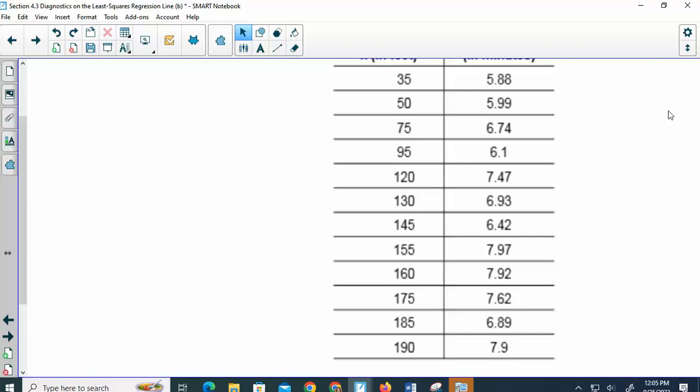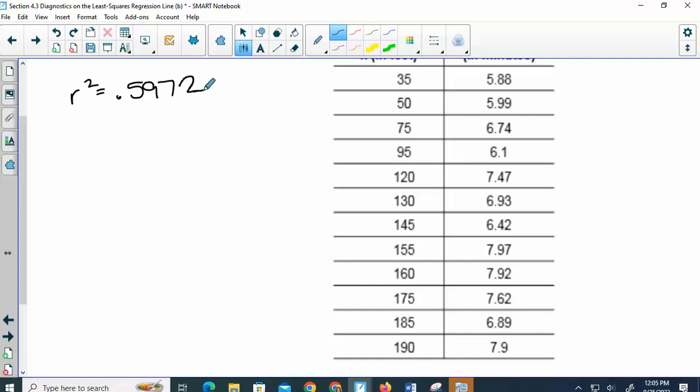Then go into stat, calculate your linear regression. We want the coefficient of determination, so we want R squared. Everybody get 0.5973 for R squared?